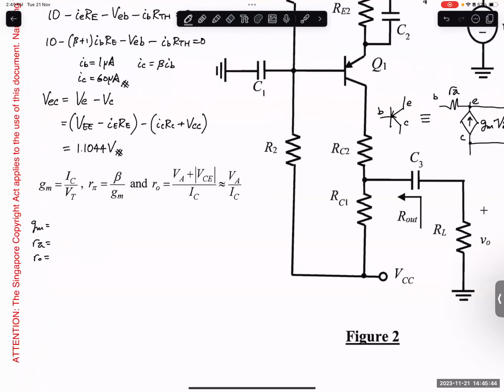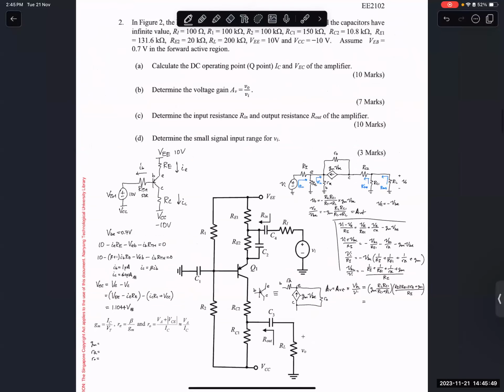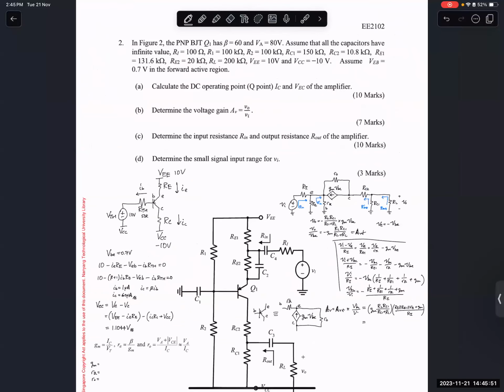You calculate all this, right? GM is IC divided by VT, right? IC is 60 microamp. So what did they tell me for VT?